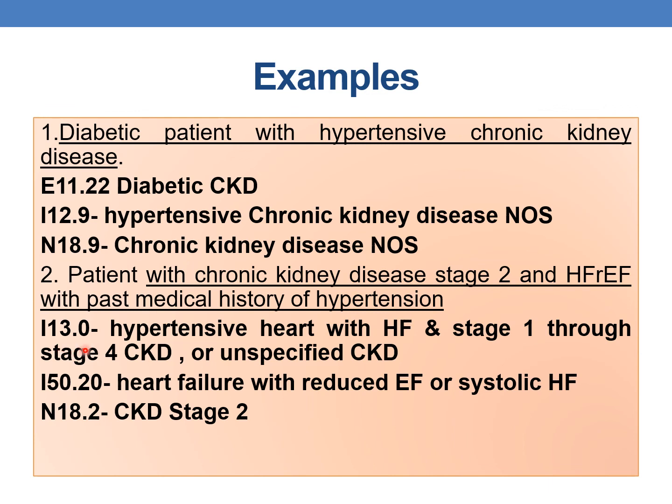I13.0 must be assigned from stage 1 to 4 and even for unspecified CKD with heart failure. Additionally, heart failure code I50.20, heart failure with reduced ejection fraction or systolic heart failure, followed by CKD stage code N18.2.